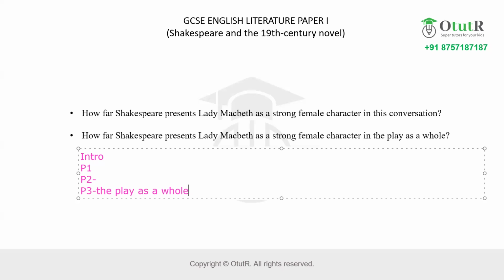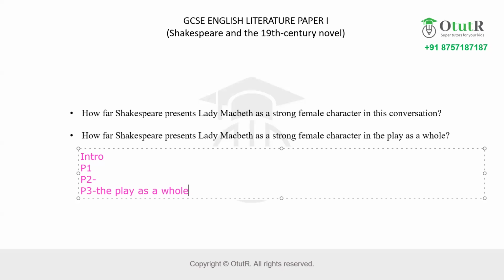So we would talk about how she calls on spirits and says, unsex me here, and replaces her milk of human kindness with gall. In her invocation of the supernatural, it shows a willingness to damn herself for power.